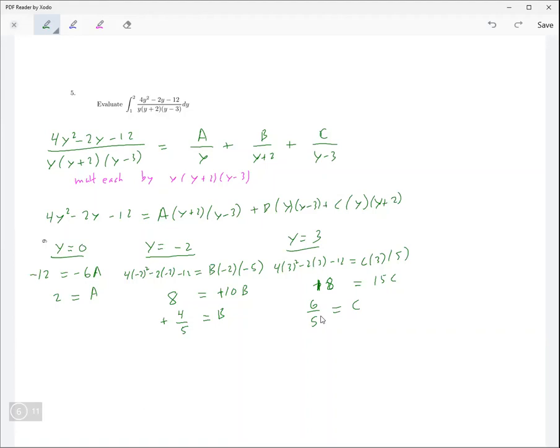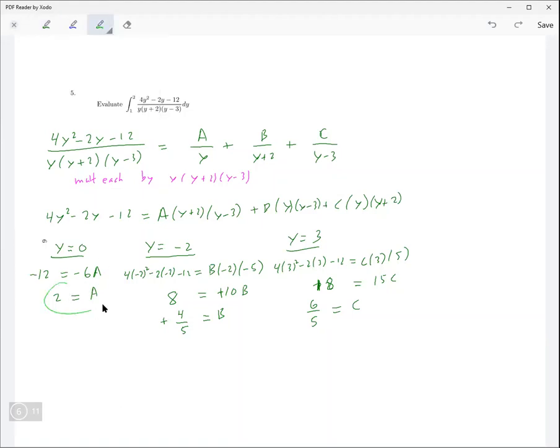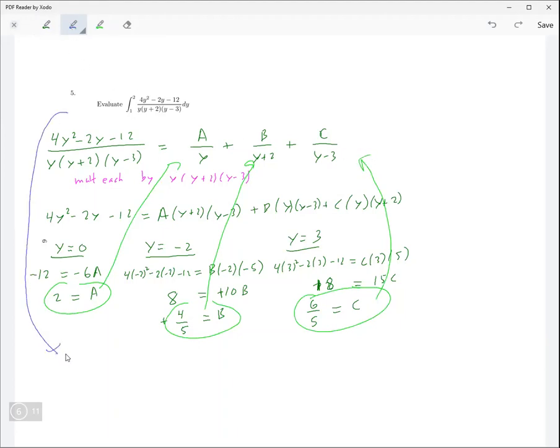Okay, so what you're going to do is plug each of these into the corresponding slots, and you have an integral from 1 to 2. Oh, it's a 2, not a 5.